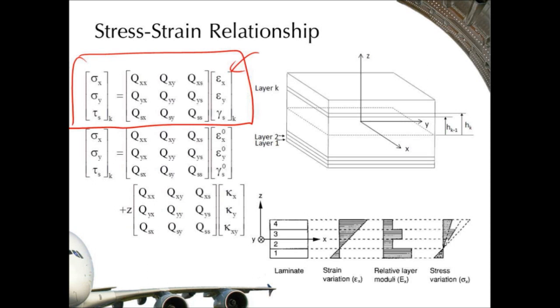So for any ply, which we give a subscript k, so for any layer, we can define the stress in that layer here, stress k, as a function of the strain at the midplane. So the strain at the midplane plus something to do with the curvature, so how much it's bending.